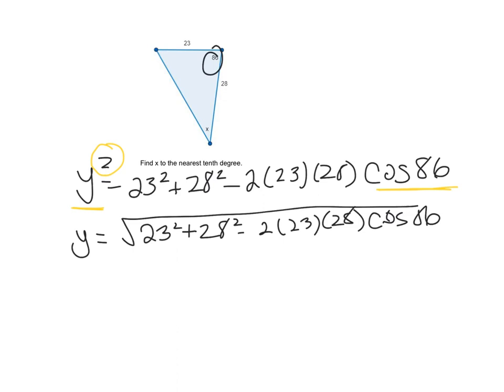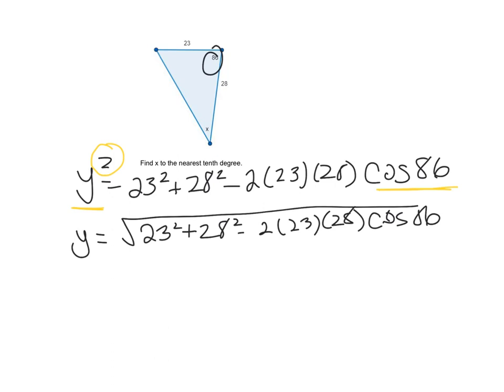So I have the square root of 23 squared plus 28 squared minus 2 times 23 times 28 times cosine of 86. I'm going to end the parentheses. Watch your parentheses in there, I messed that up somehow.